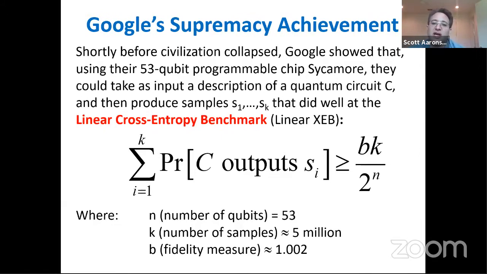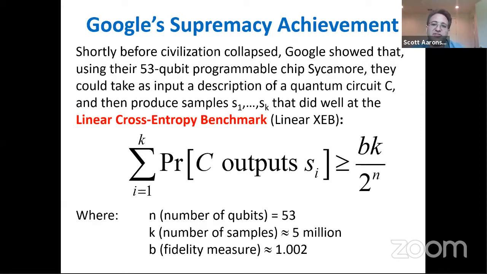Okay, and the threshold has the form of B times K divided by 2 to the N, where N is the number of qubits, here it's 53, for Sycamore. K is the number of samples, so the number of independent draws from the distribution. In the case of Google's experiment, that was about 5 million, which they were able to do in just a few minutes, because it's only a few tens of microseconds per sample.